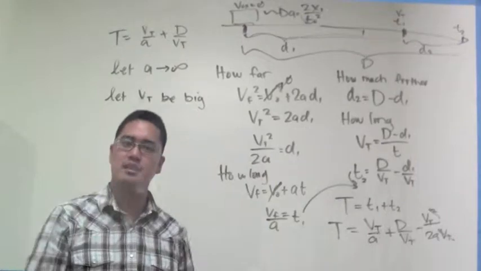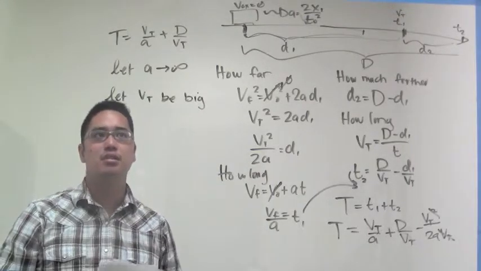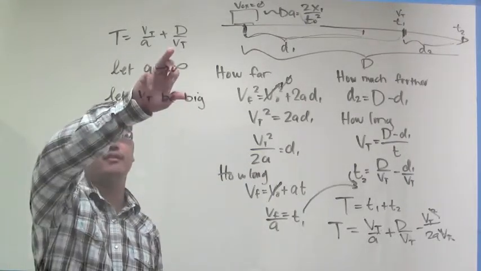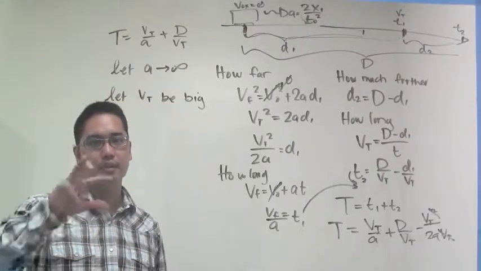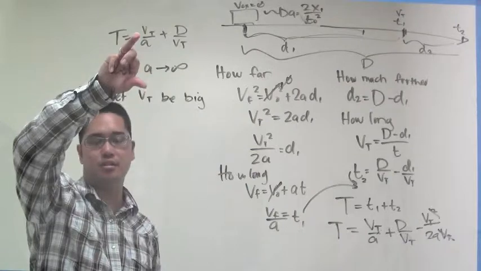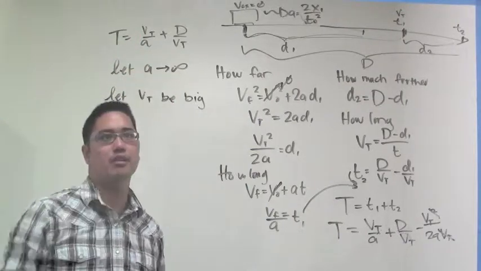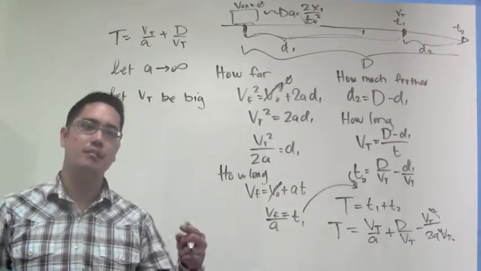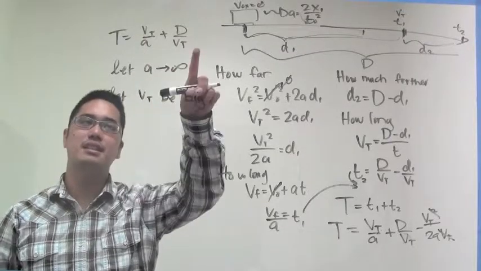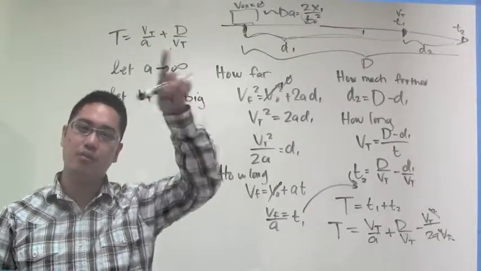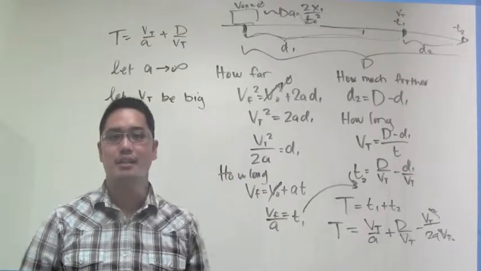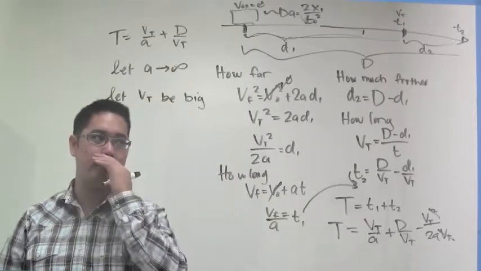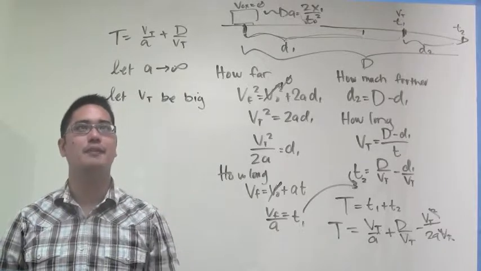Usually you'll only have a variable in the denominator, and you can say, obviously it gets smaller. But in this case, you have a Vt in the numerator and a Vt in the denominator. So when Vt gets really big, this number gets really big, but this number gets really small. Does the overall number get bigger or smaller? It kind of depends, really. I thought that was really interesting. It's very rare that I see a problem like that.